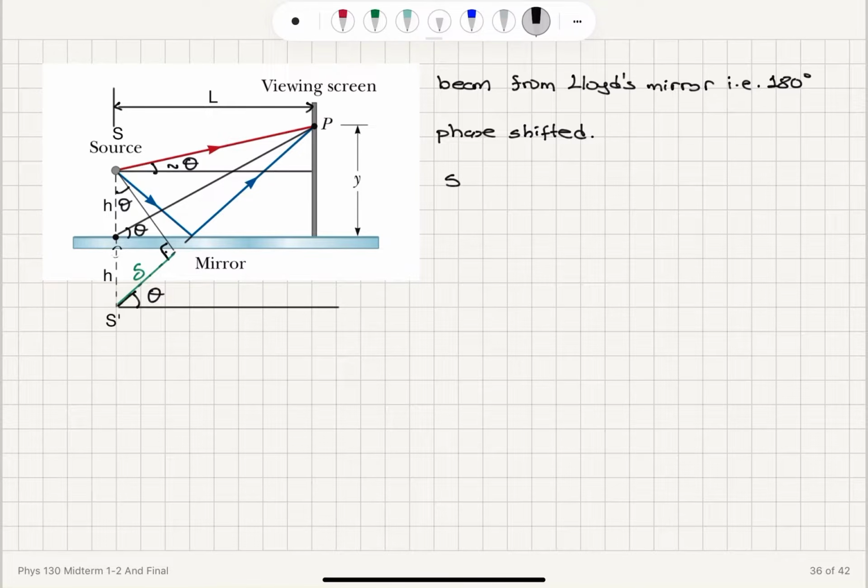Now, since we have L, the distance to the screen, much greater than h, or 2h, that's the distance between the real source and the reflected source, the parallel ray approximation holds.